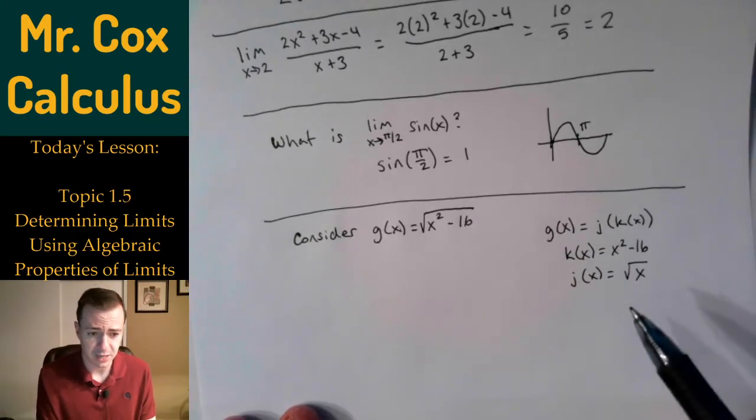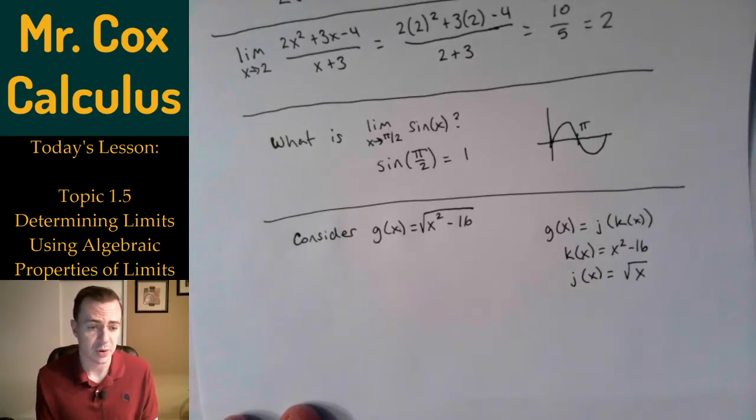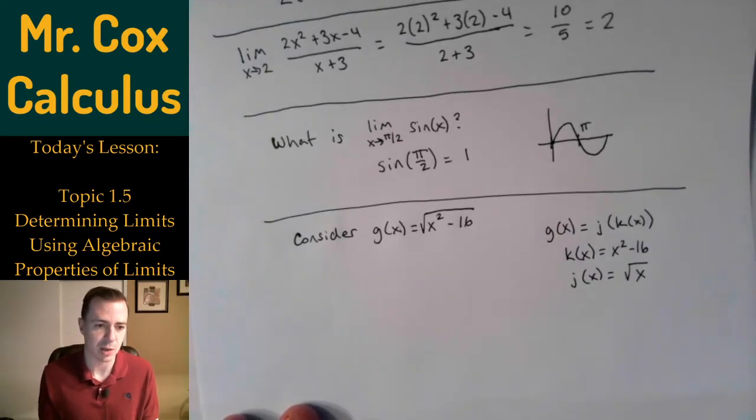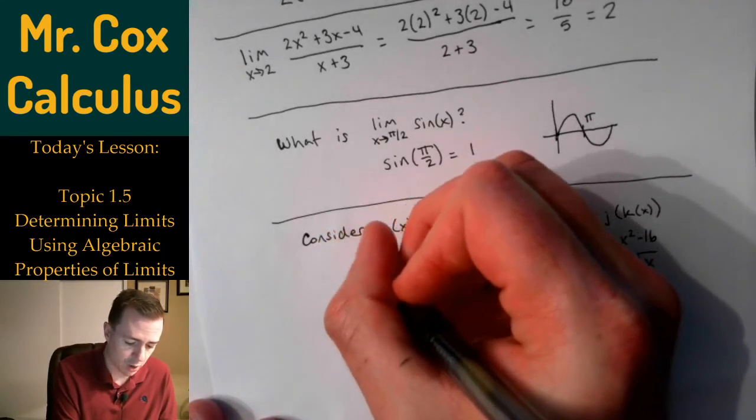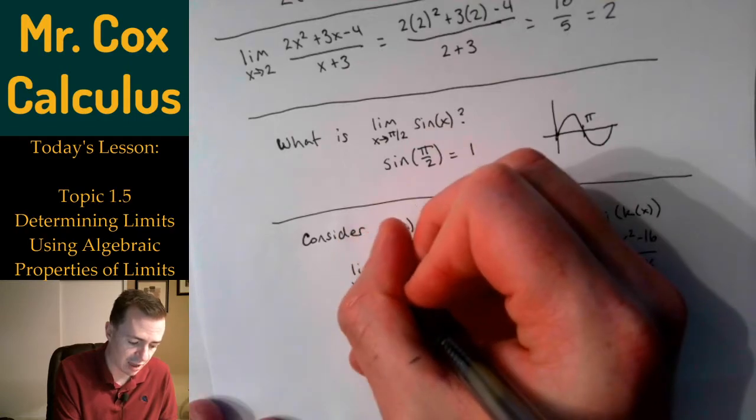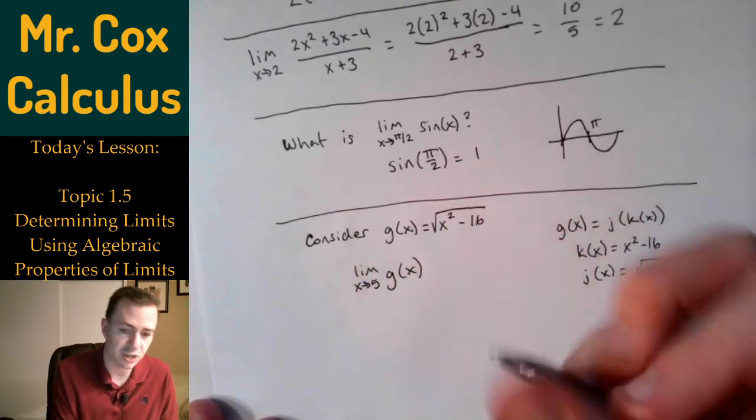Now, we mentioned earlier that I would explain how that composition property works. That's what I'm going to do now, because we want to know the limit as x approaches 5 of g of x.